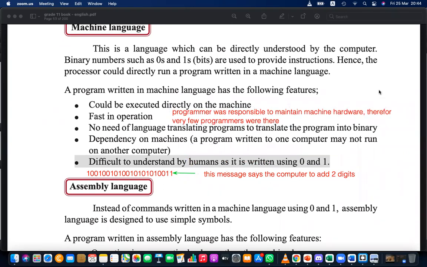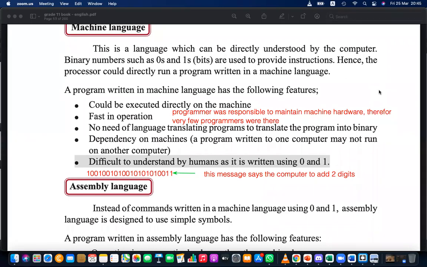So this was another problem in machine language. There were very few programmers, as they had to maintain the machine. They had to go and fix the errors. They had to fix the issues if they wanted to write programs. They had to be responsible for this hardware platform. Therefore, very few programmers were interested in coding in machine language, which is the first generation.